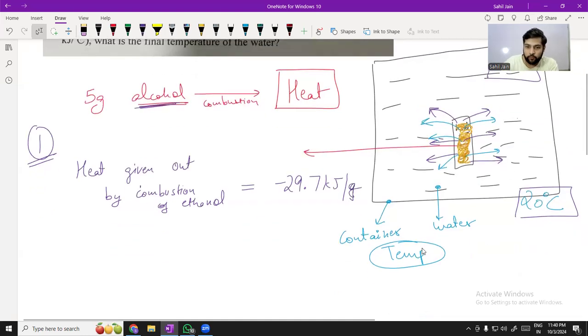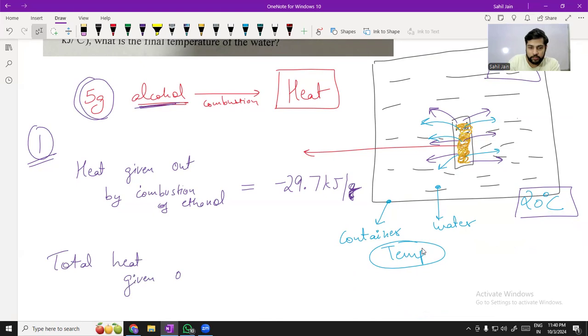Now this heat is per gram, that is, for 1 gram. In total, we have 5 grams. So total heat given out would be equal to minus 29.7 kilojoules per gram times 5 grams.